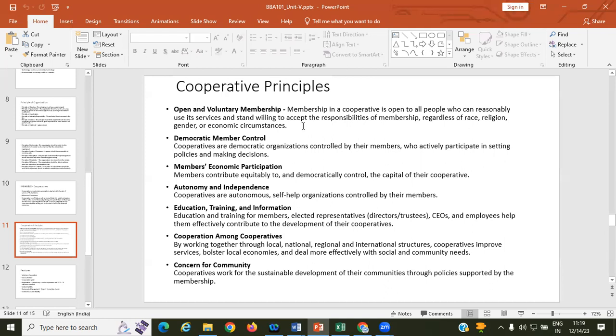Education and training are needed for the members, and for whoever you are electing or suggesting as trustee members or directors. They need some awareness of the exact purpose of the society, why you formed it, and what the objective is. That kind of training is required for all the members of the society.